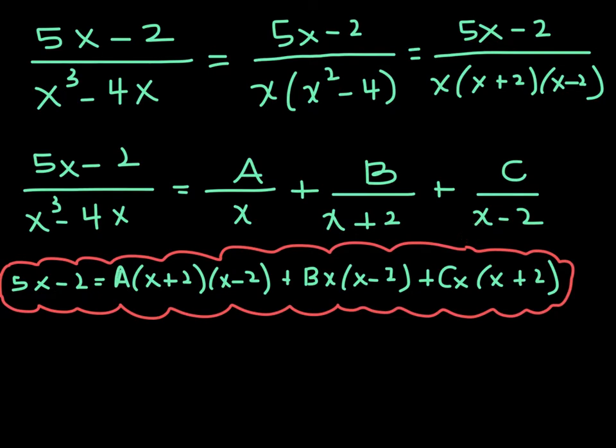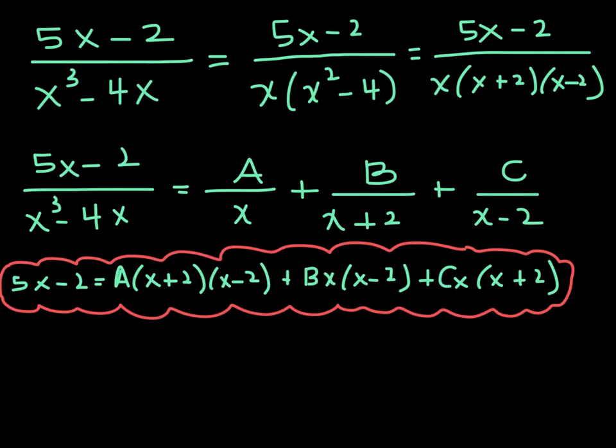But this statement here is an identity that holds true for all values of x. So I want to use something similar to what I did earlier, and that is start plugging in values for x in order to start finding what A, B, and C are.